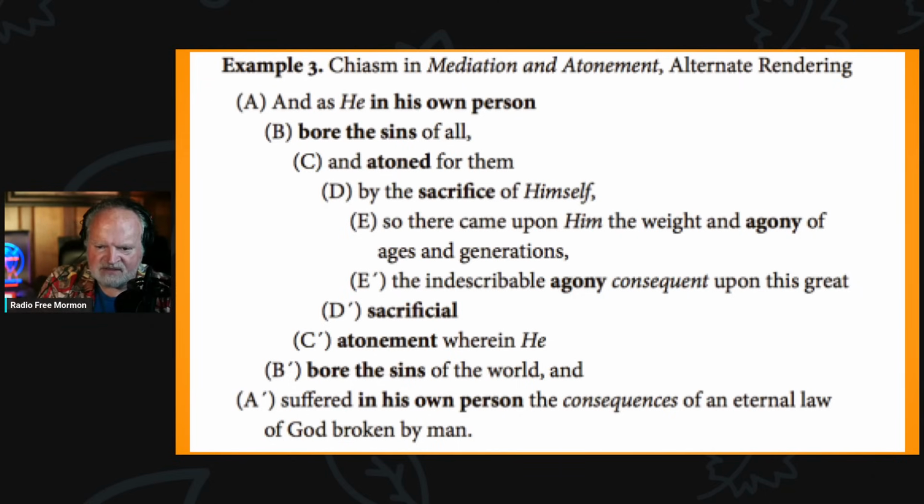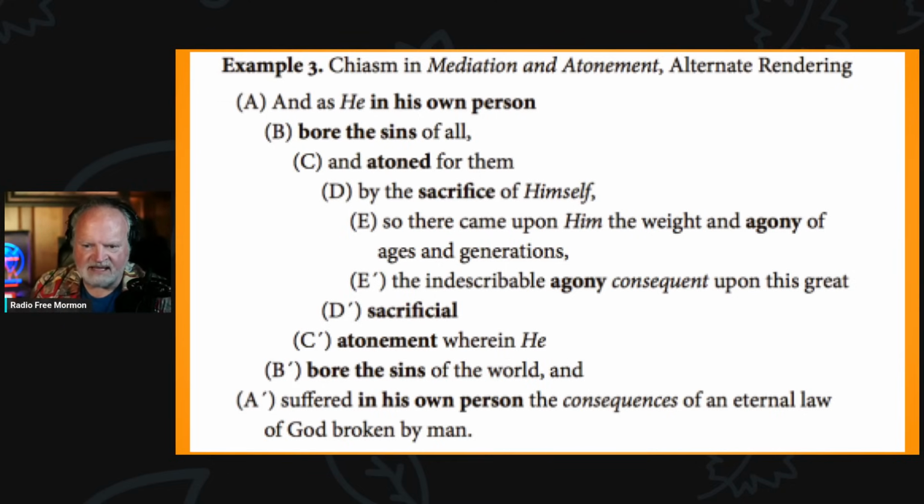You see that matches the D above. Sub C, atonement, wherein he, and that matches C above, which talks about atoned. Sub B, bore the sins of the world. That matches the B above. And finally, sub A, suffered in his own person the consequences. And that matches with A above, and as he in his own person.